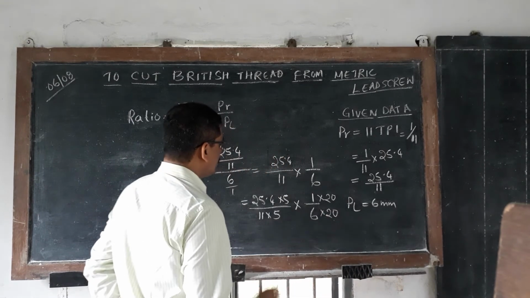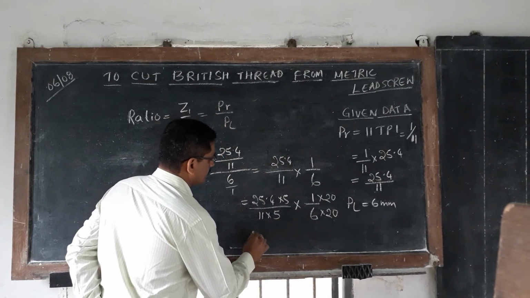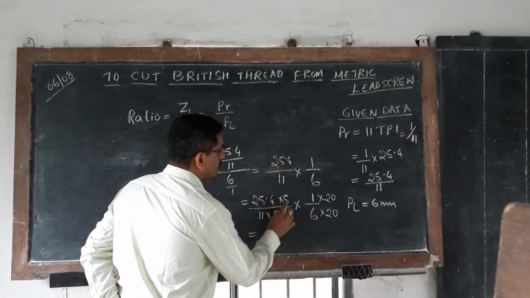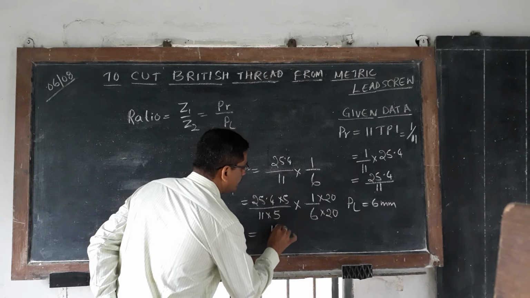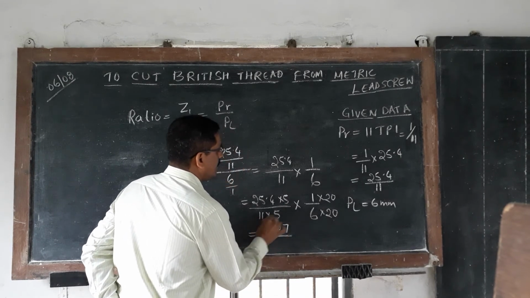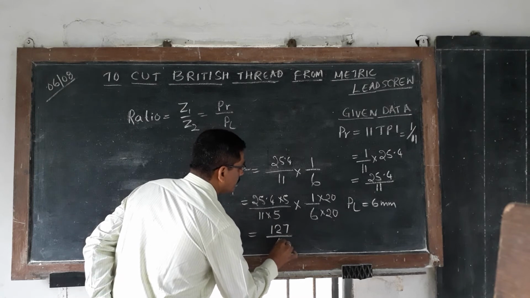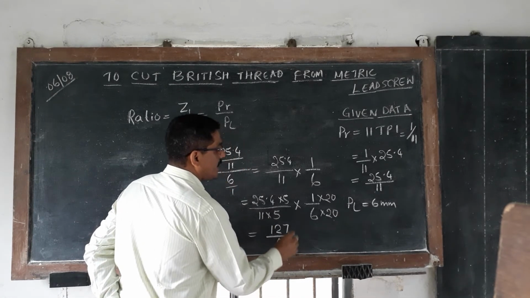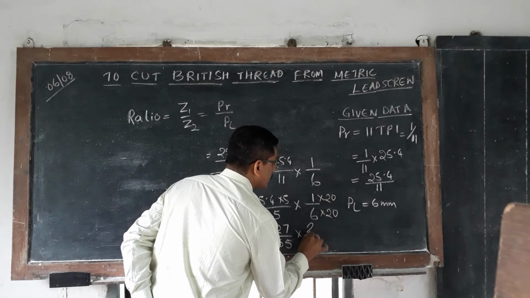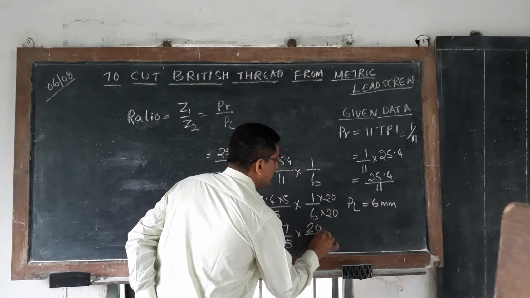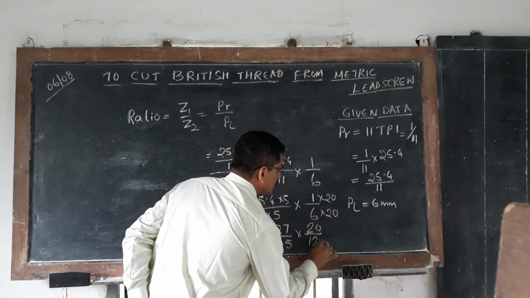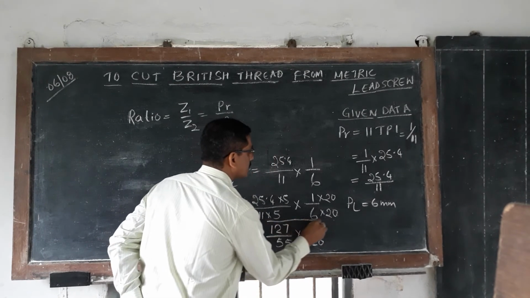Now your gear ratio is 25.4 into 5, which becomes 127. 127 divided by 11 into 5, 55. This is a compound gear train, into 20 into 120.